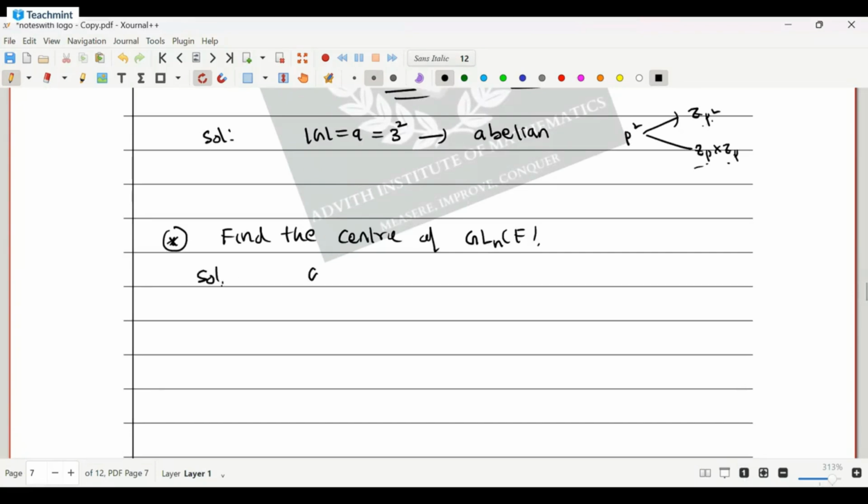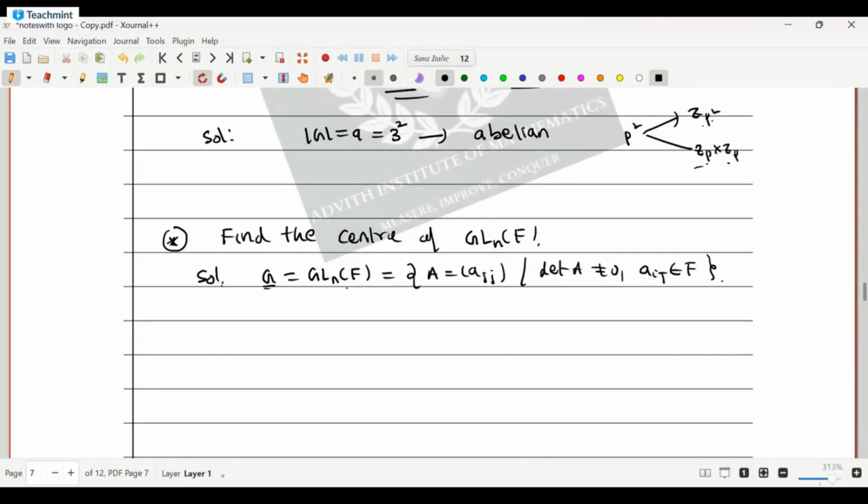What is G? G is GLn of F, which is equal to the set of all n by n matrices A = (aij) such that the determinant of A is not equal to 0, and the components of the matrix belong to the field F. So now we need to find Z of GLn of F. So assume that this is G.